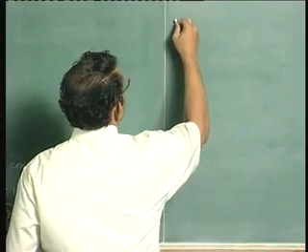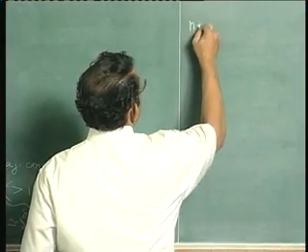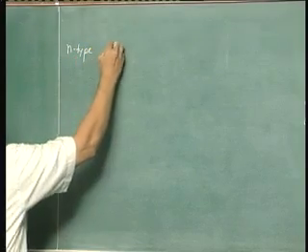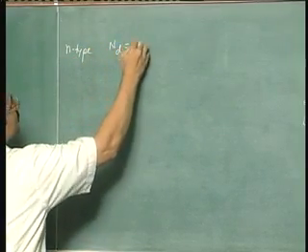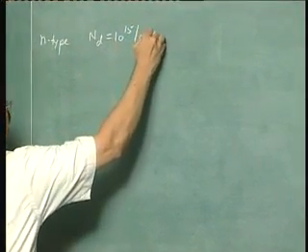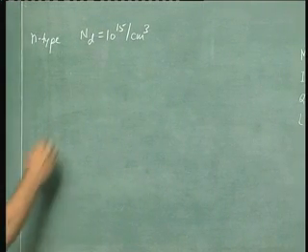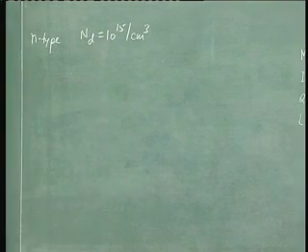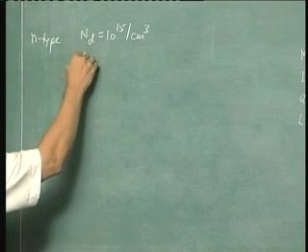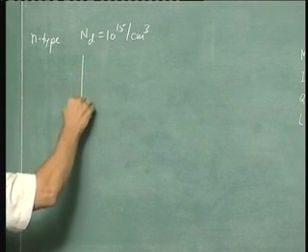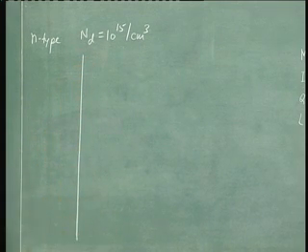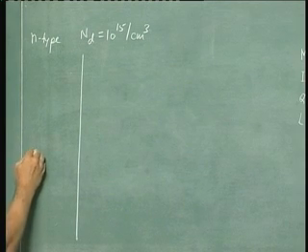So let us assume an n-type semiconductor with a doping level of 10 power 15 atoms of phosphorus per centimeter cube. Let us show the conditions of electrons and holes on a log scale. So this is the concentration on a log scale.